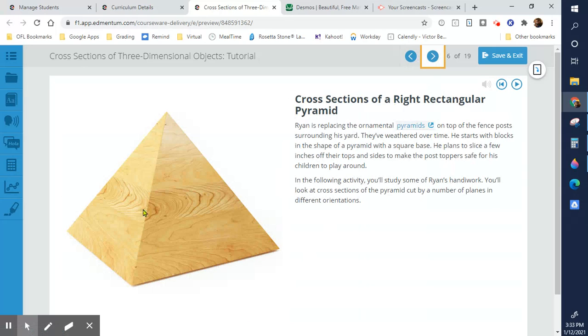So, cross section of a right rectangular pyramid, and by right it just means they meet right in the middle. Every one of these sides is going to be equal essentially. So let's take a look.